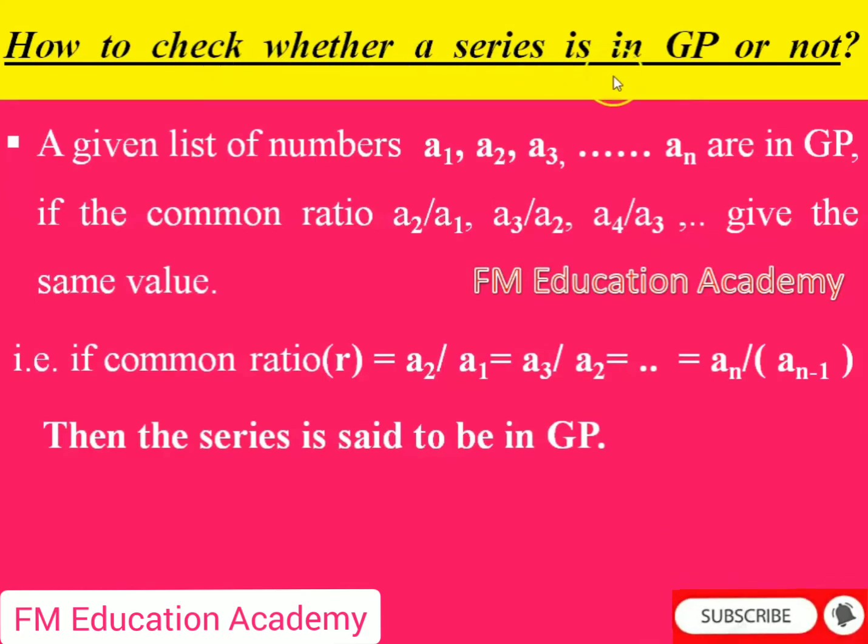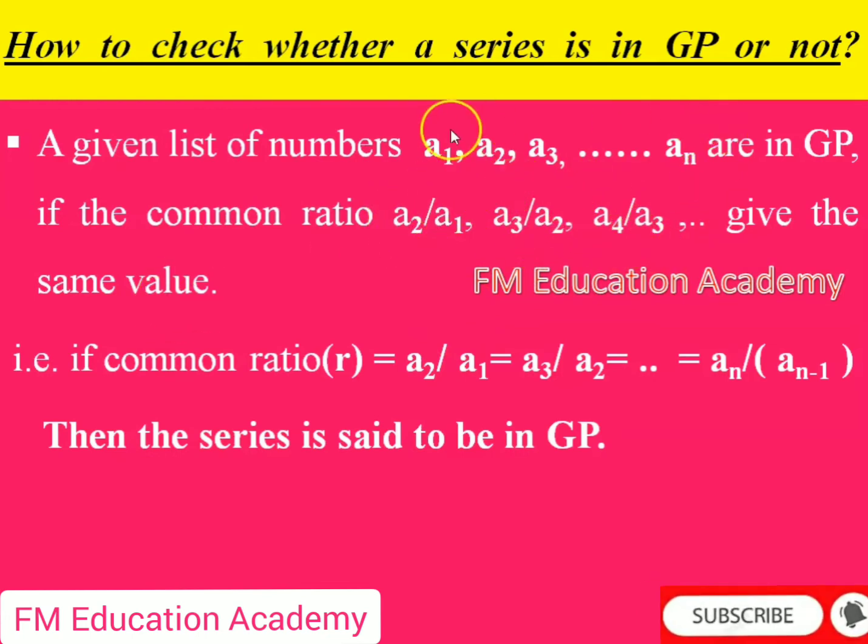Now, how to check whether a series is in geometric progression or not? A given list of numbers a1, a2, a3 up to an are said to be in GP if the common ratios a2 by a1, a3 by a2, a4 by a3 give the same value. That is, if we divide the second term by the first term, we should get the same value when we divide the third term by the second term and when we divide the fourth term by the third term. All these should give the same value.